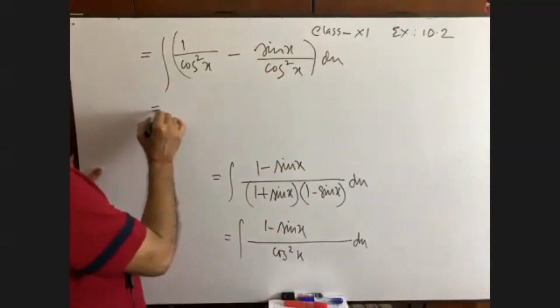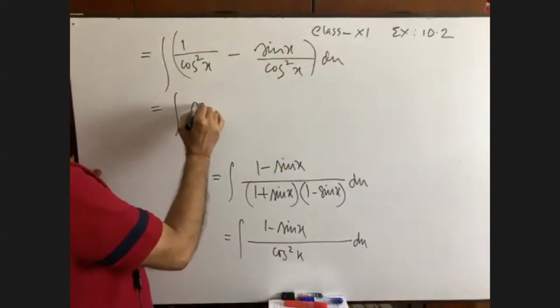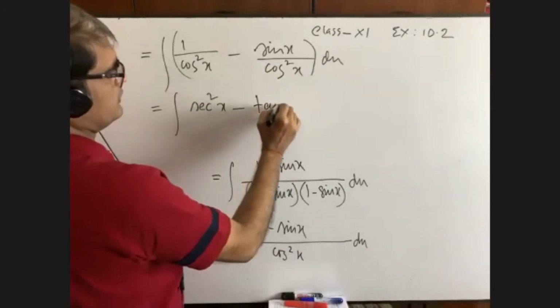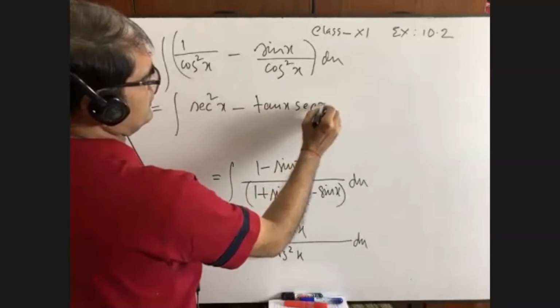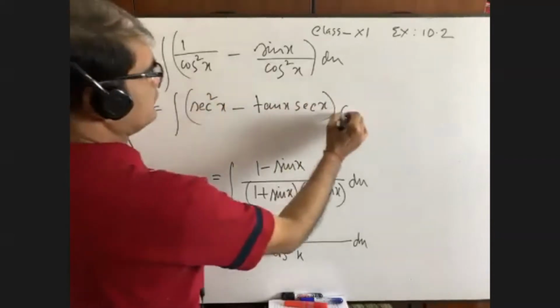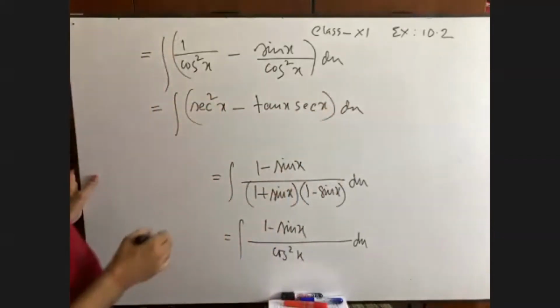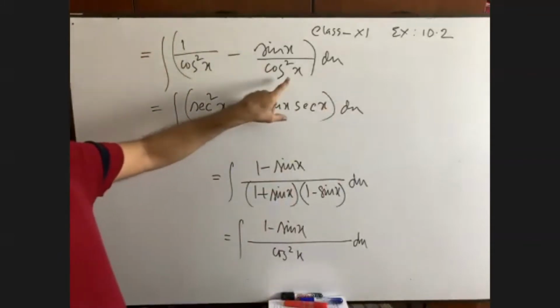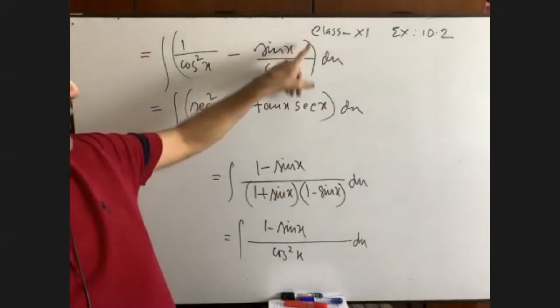Now let me know, what is it? Sec square x. It is tan x sec x dx. What is meant by this? Sin by cosine will be tan x, and there will be another cos x in the denominator. That is, 1 by cos x will be sec x.